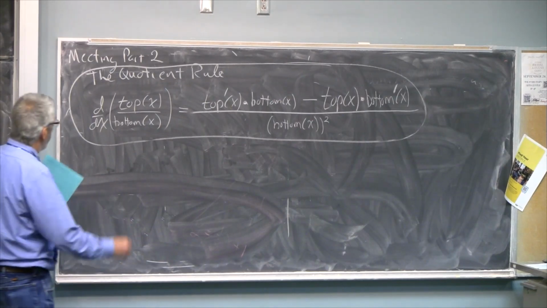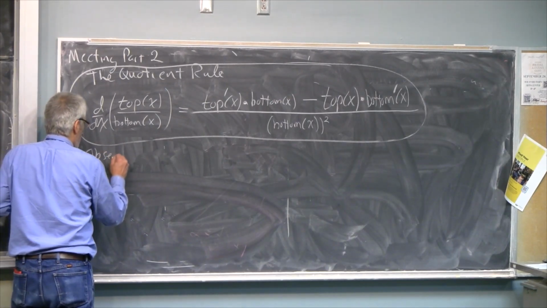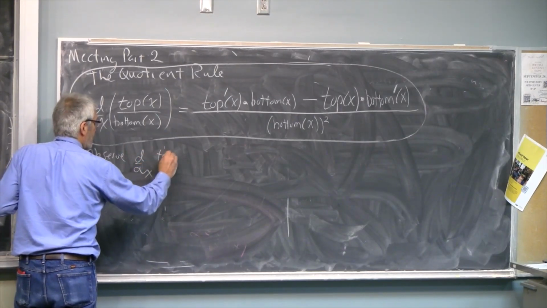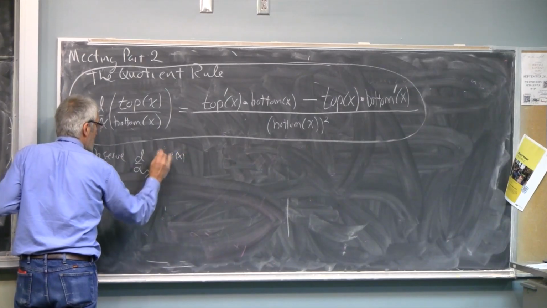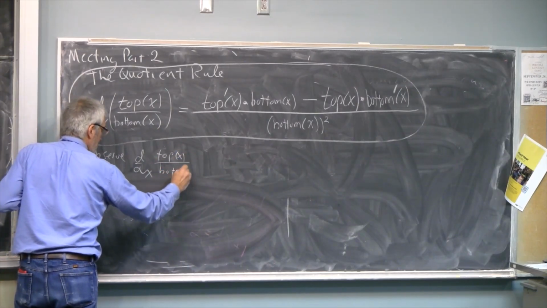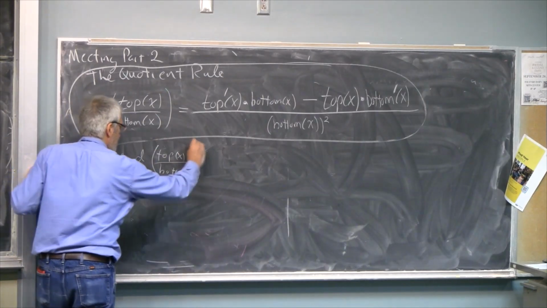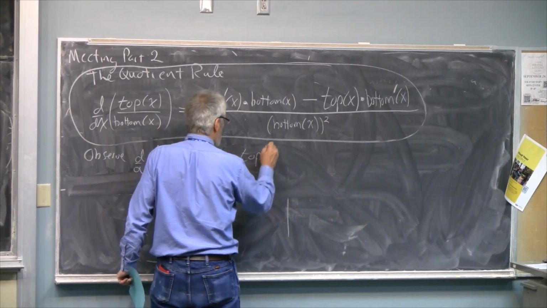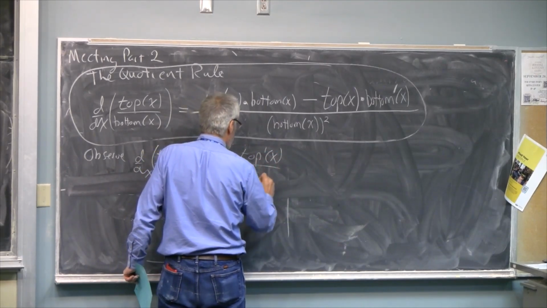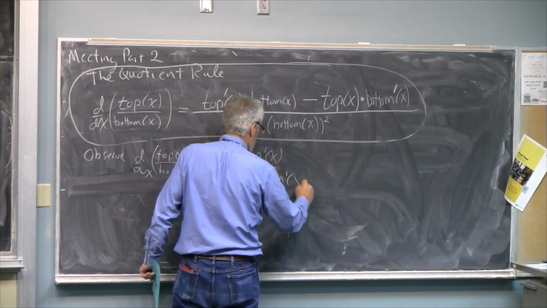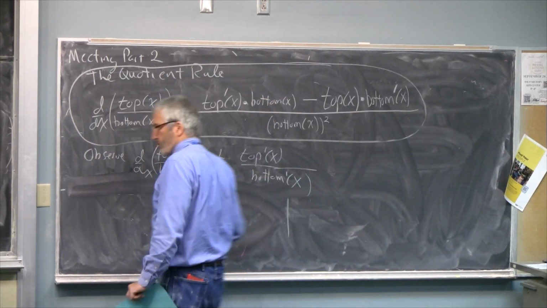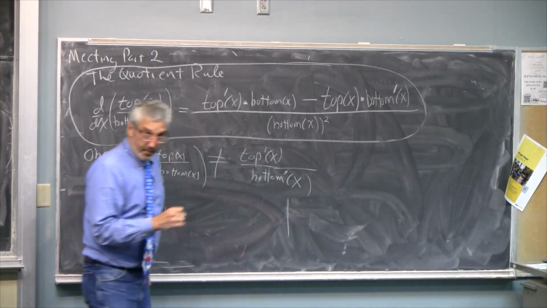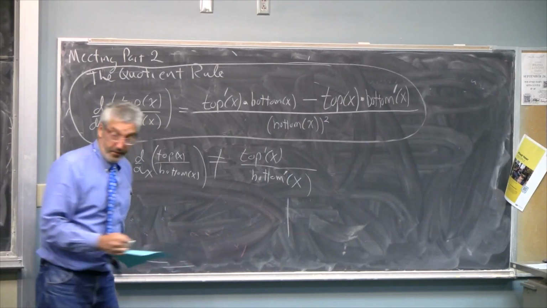The derivative of a quotient, the derivative of top over bottom, is not equal to top prime over bottom prime. Again, the derivative of a quotient is not equal to the quotient of the derivatives.